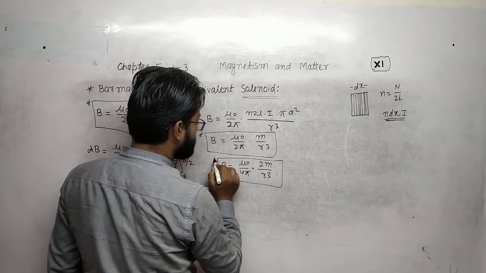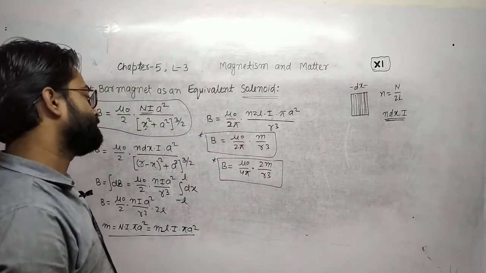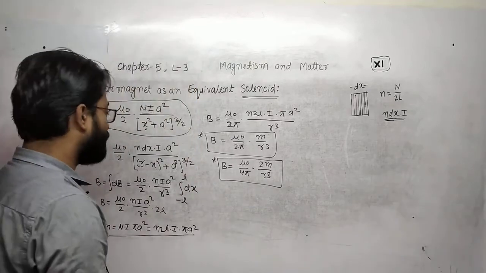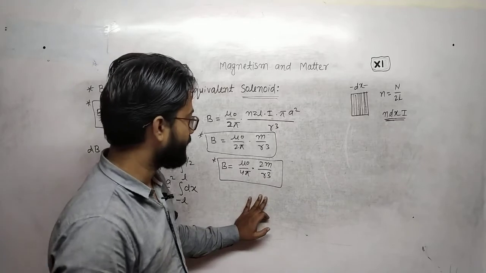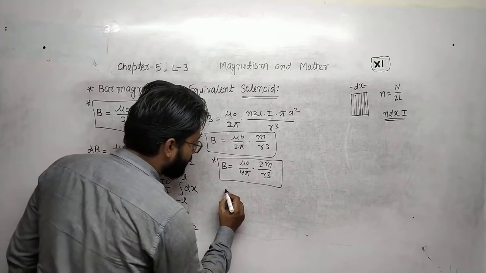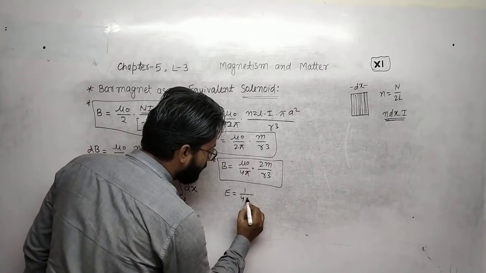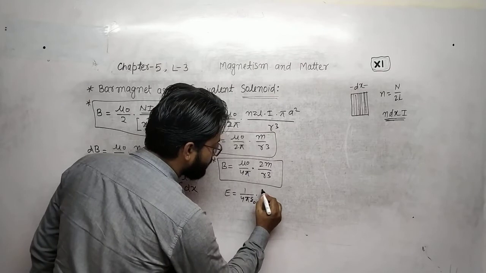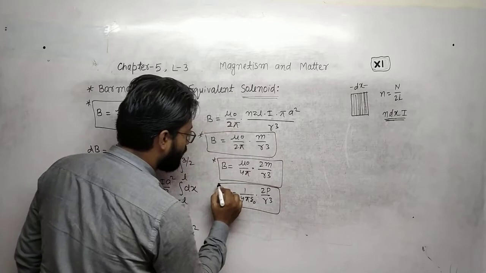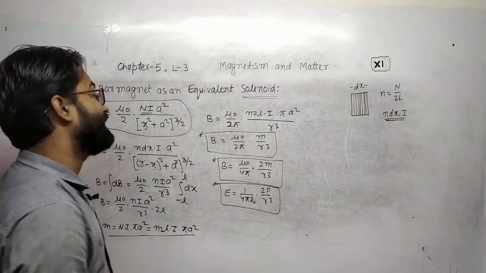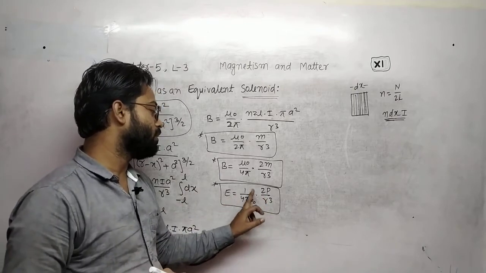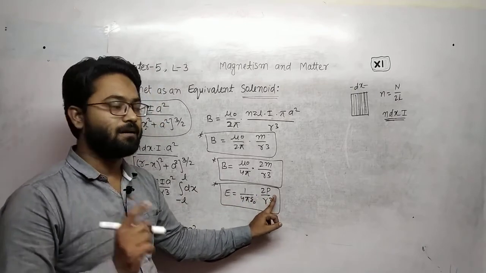This is the formula to calculate the magnetic field on the axis of the bar magnet. If you compare it with the electric field, 1 upon 4 pi epsilon naught into 2p upon R cube, this is the electric field on the axis of an electric dipole, where p is the electric dipole moment.